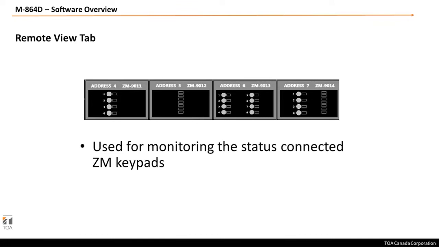Like we see here that we have a ZM 9011 on the address 4 of the system, a 9012 on the address 5, 9013 on the 6, and 9014 on the 7.